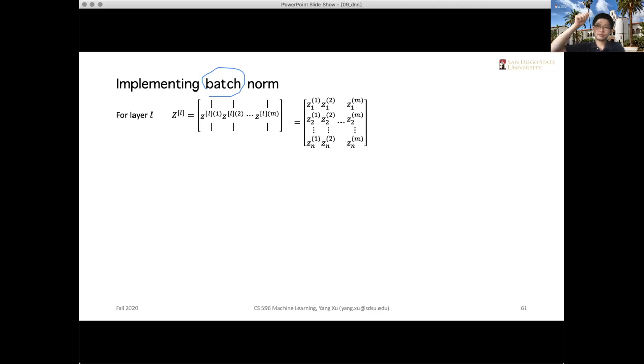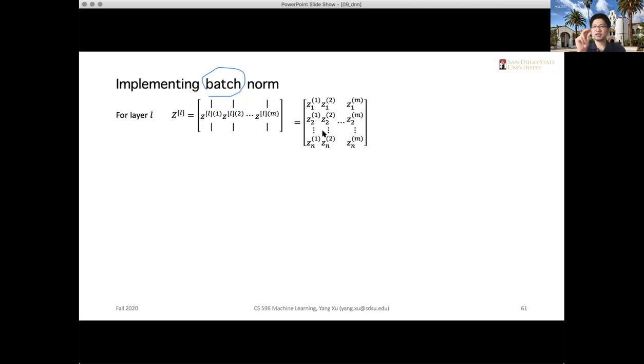And each column is the z for one particular input example. So we have m columns from z1 to zm. If we write those values with individual numbers, it'll look like this.